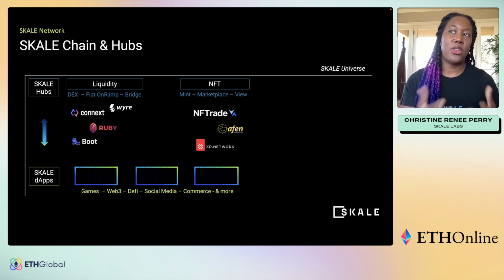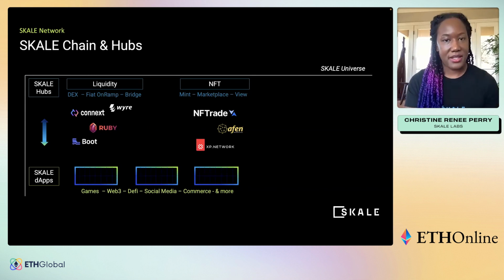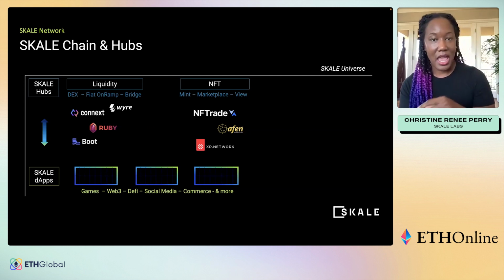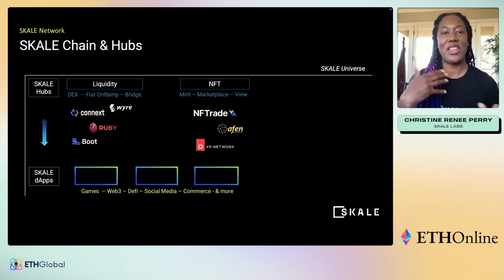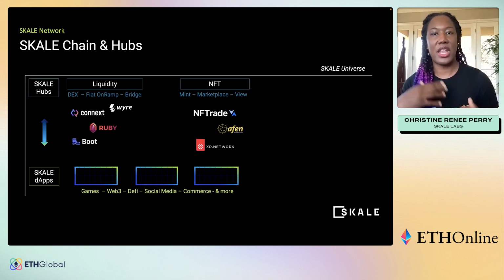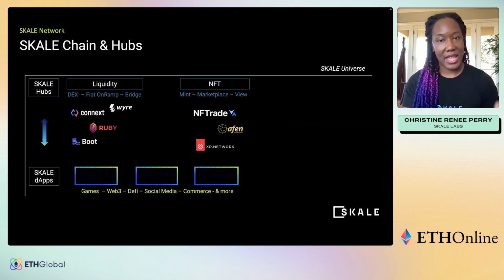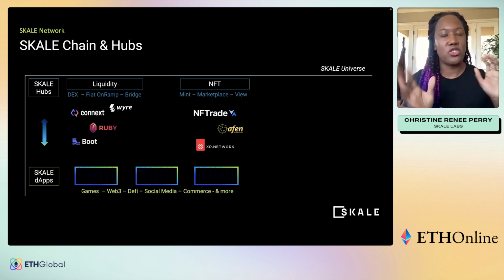And when we think about SKALE also being zero gas with fast transactions, it means that transfer is instantaneous and the cost is zero. So when you are interacting with an exchange or an NFT marketplace, your users don't have to have a diluted user experience because of a minor transaction cost popping up every so frequently.